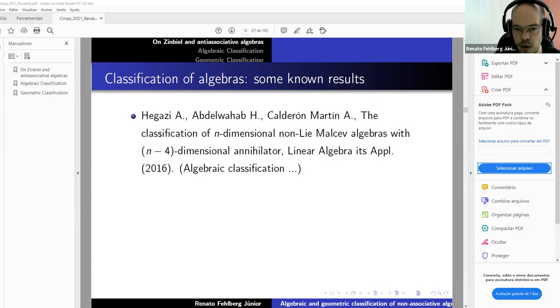This is about the algebraic classification. And here they classified the non-Lie Malcev algebras with n-4 dimensional annihilator. And this paper is interesting because they write all the steps with many details, so it's a good source to read about algebraic classification.